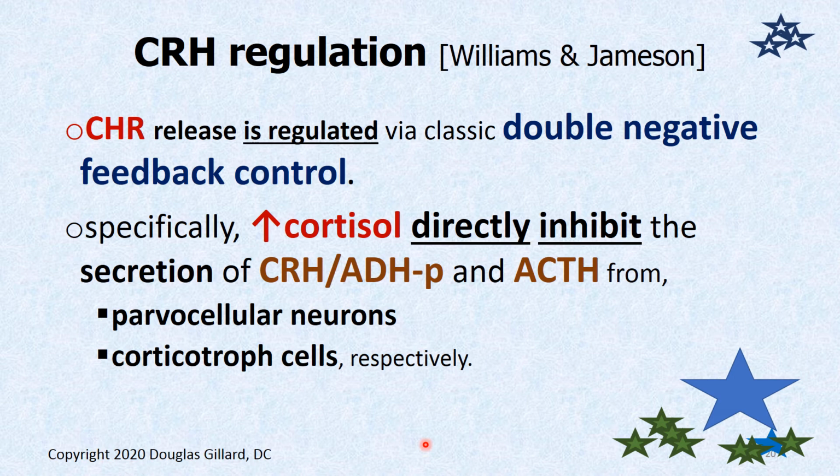And without that, you can't make ACTH. Just in case, what if there's a gene mutation on the parvocellular neurons, and cortisol won't bind to them and shut them off? That's okay, because cortisol also binds to corticotroph cells, and it can shut them down as well. So it's a double negative feedback system.